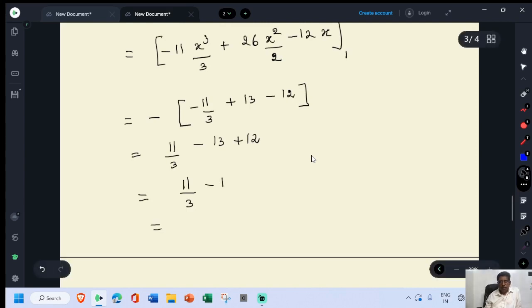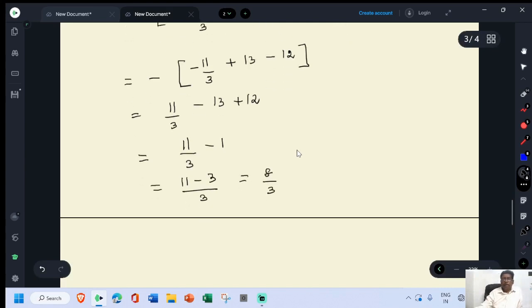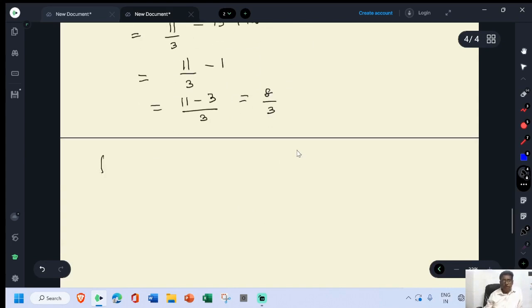This is equal to 11 minus 3 by 3, which is equal to 8 by 3. Therefore, the integral of m into dx plus n into dy for the line AB is equal to 8 by 3.